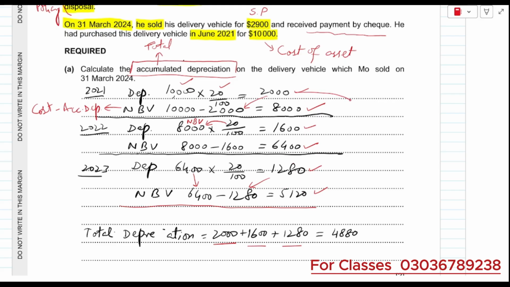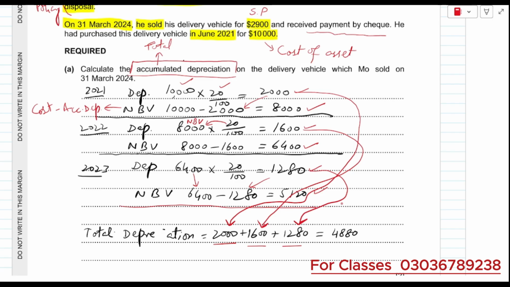These are the depreciation values of each year: 2000 in the first year, 1600 in the second year, and 1280 in the third year. Now we will add these three values and we will have the accumulated depreciation of 4880 till the date we are going to dispose of this asset.